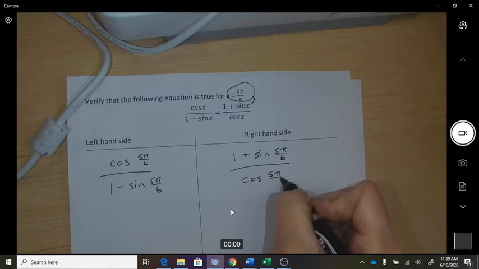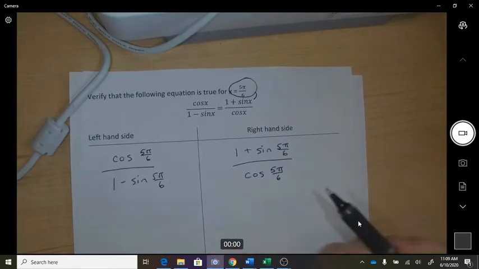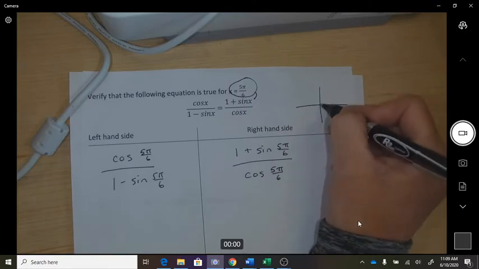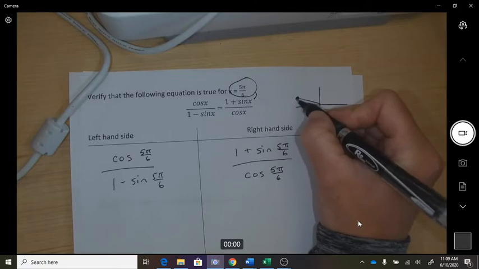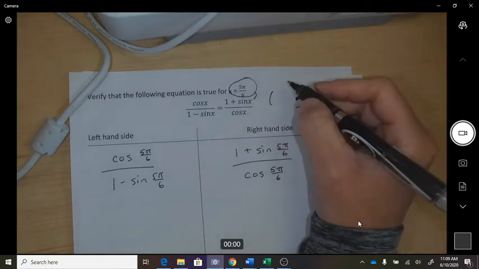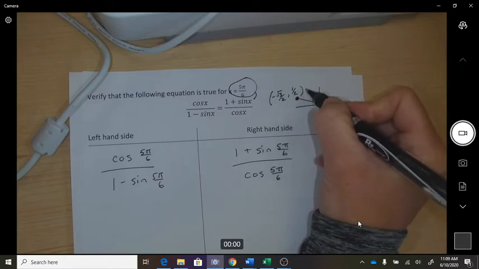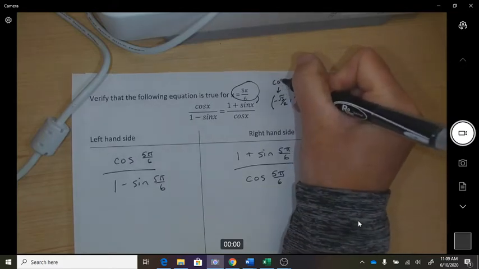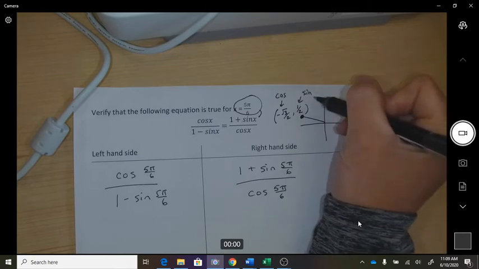Okay, now I'm going to have to find the trig values. So if you think about 5 pi over 6 on the unit circle, we're right there. So the coordinate on the unit circle, so obviously this is connected to the cos value and this is connected to the sine value.